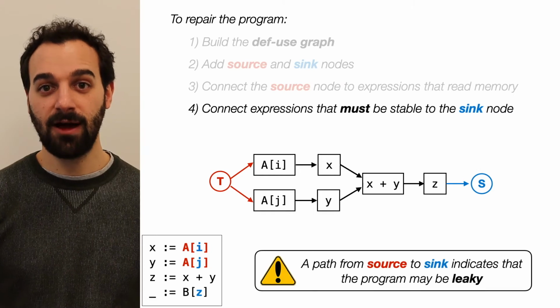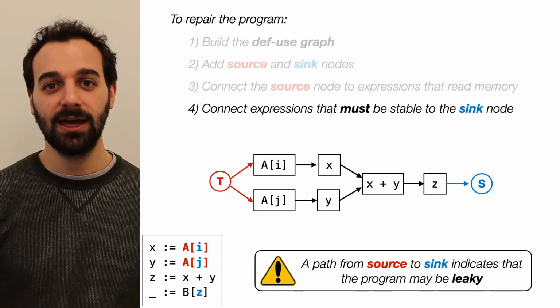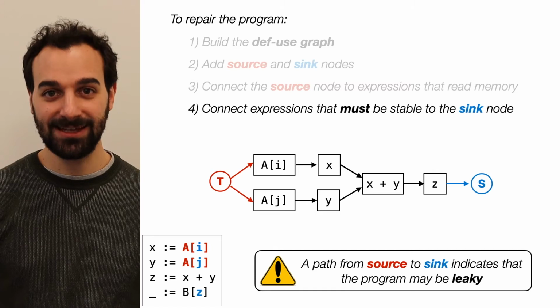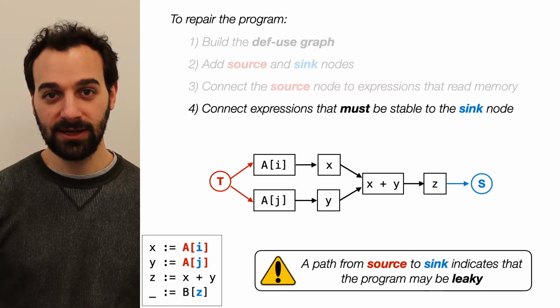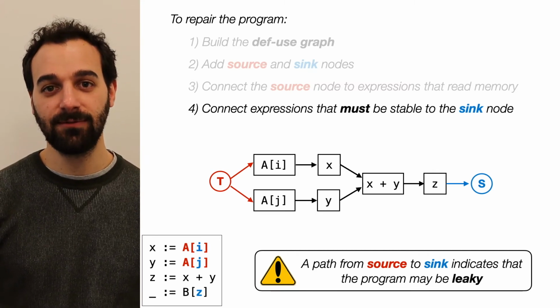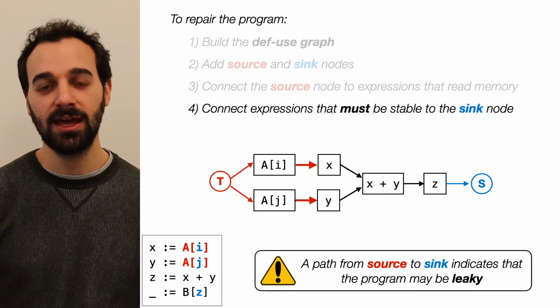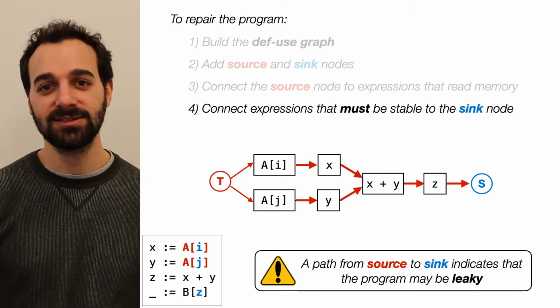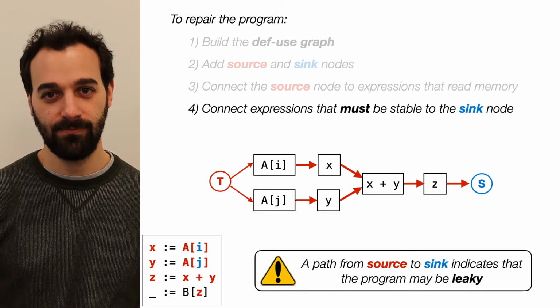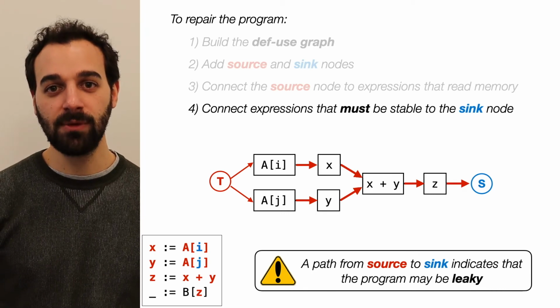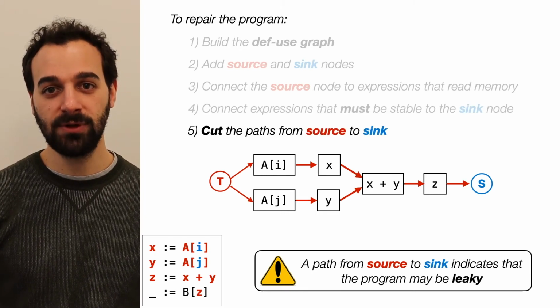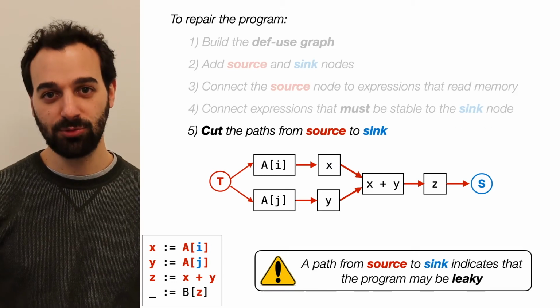The fact that the graph contains a path from T to S indicates that the program may be leaky. Intuitively, this is because transient data flows through data dependencies into what should be a stable index expression. To secure the program, we need to cut the data flow between T and S by inserting protect statements.